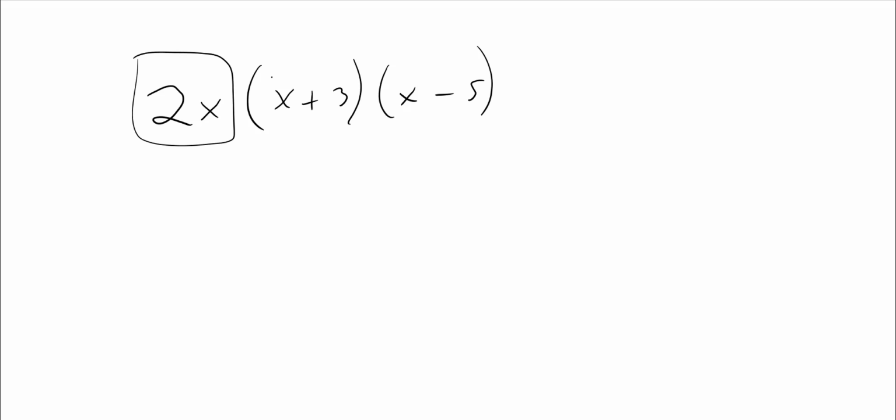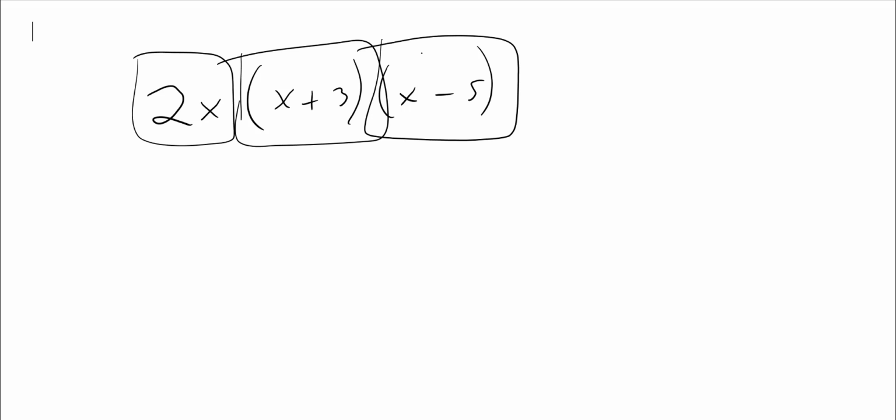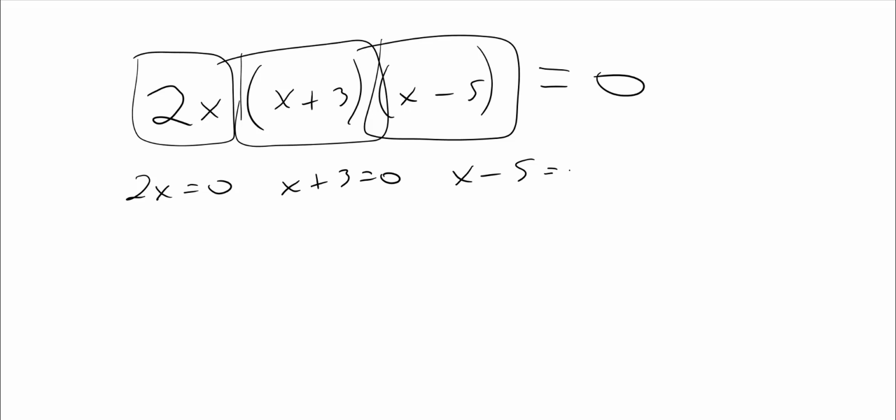So that is equal to 0, that is equal to 0, and that is equal to 0. By the way, I need an equal to 0 here. That would be important. So you're going to say 2x equals 0, x plus 3 equals 0, and x minus 5 equals 0.